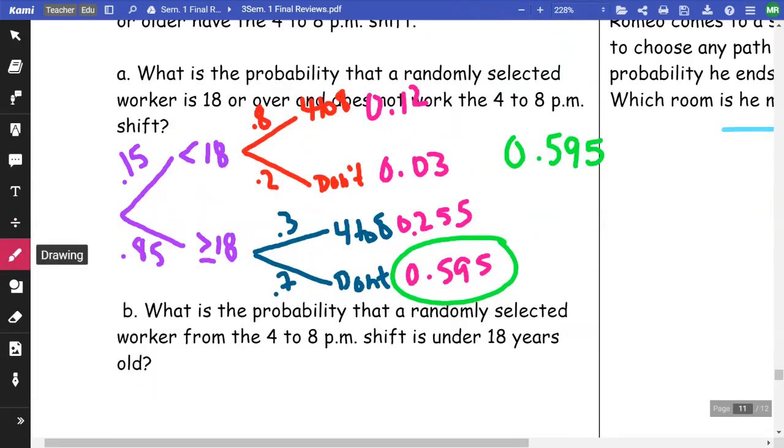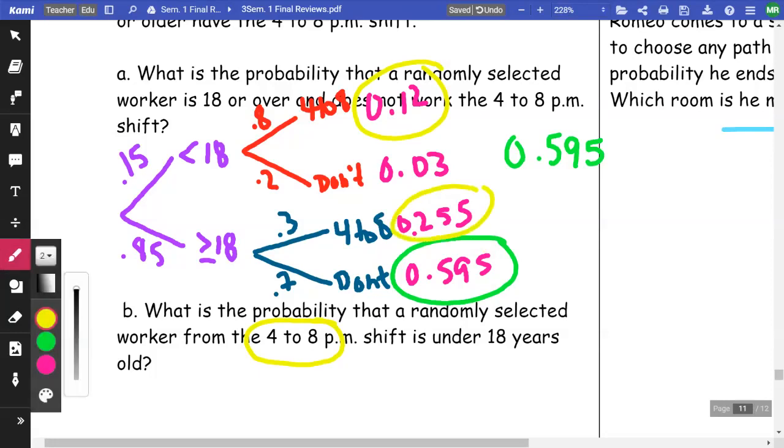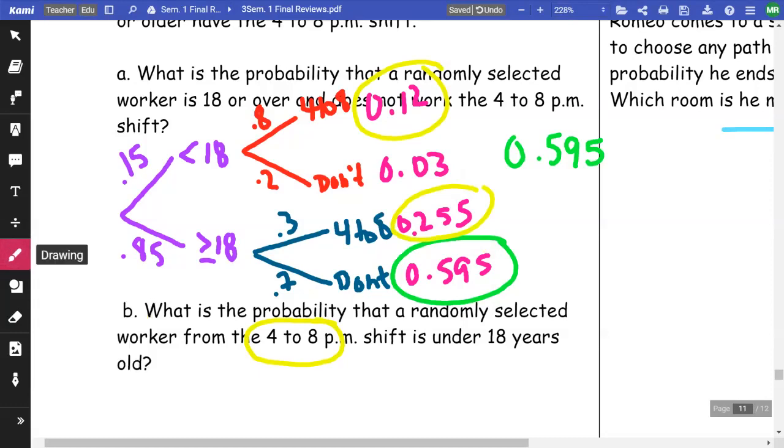I randomly selected a worker from 4 to 8 p.m., so I'm looking at workers from 4 to 8 p.m. This and this are my 4 to 8 p.m. workers. So that is who I'm looking at.